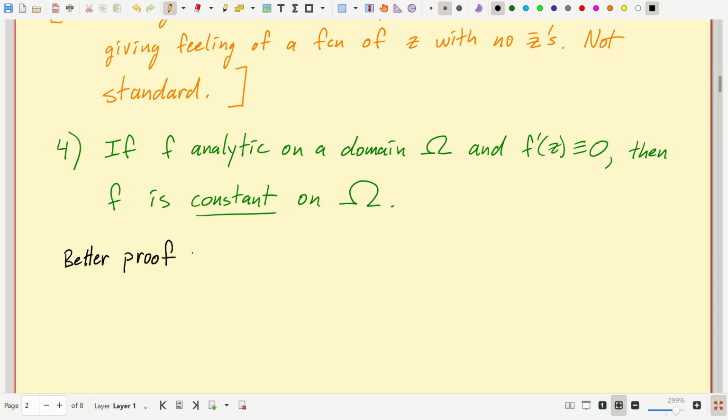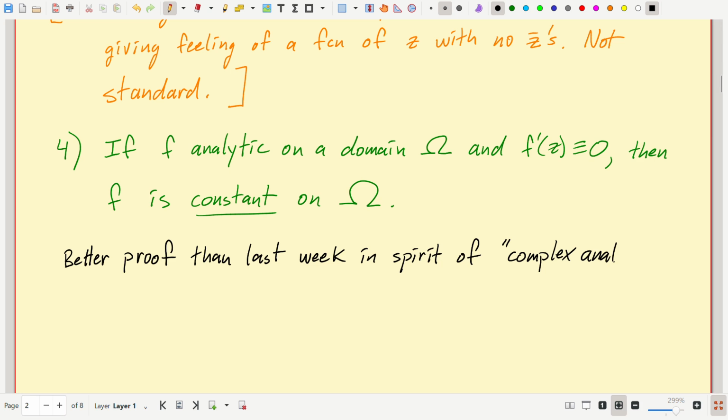Here's a better proof than last week, in the spirit of my favorite subject called complex analysis. So here it is.